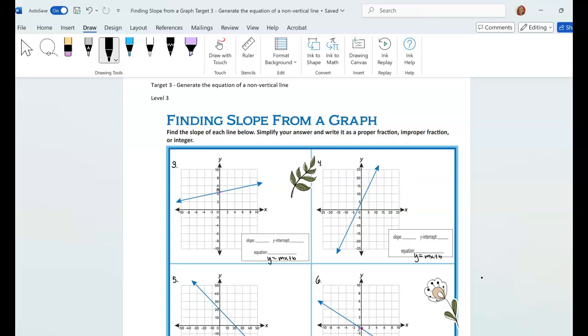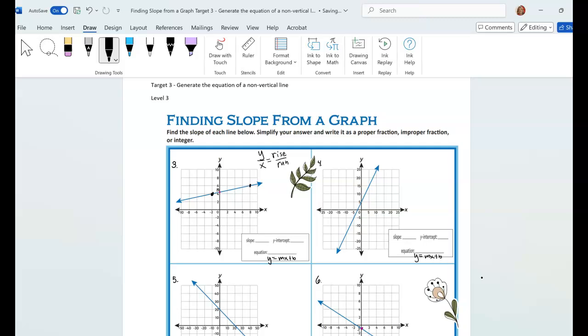Starting from the left to the right, I'm looking. That looks pretty perfect. And so does that one. Okay. And change in y over the change in x, or rise over run.